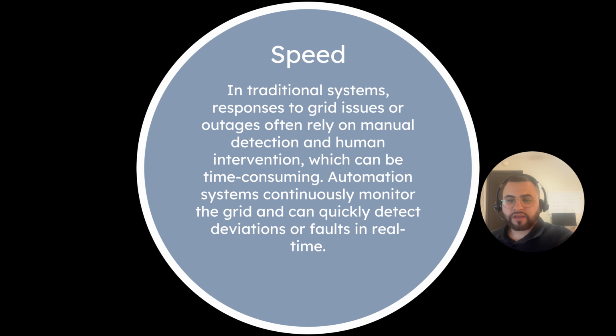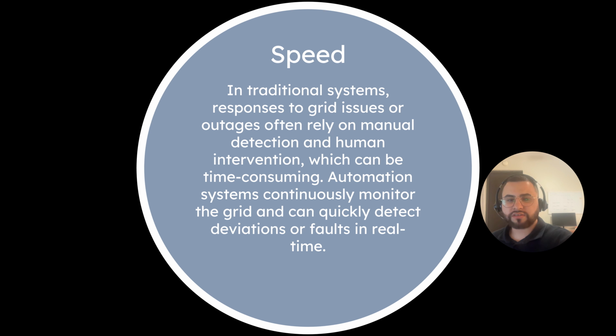This process can be inherently time-consuming as it involves identifying the problem, dispatching personnel, and implementing manual fixes. That reliance on human intervention introduces a potential delay in addressing grid disturbances, which may impact the overall efficiency and reliability of the system. In contrast, automation systems represent a transformative approach.